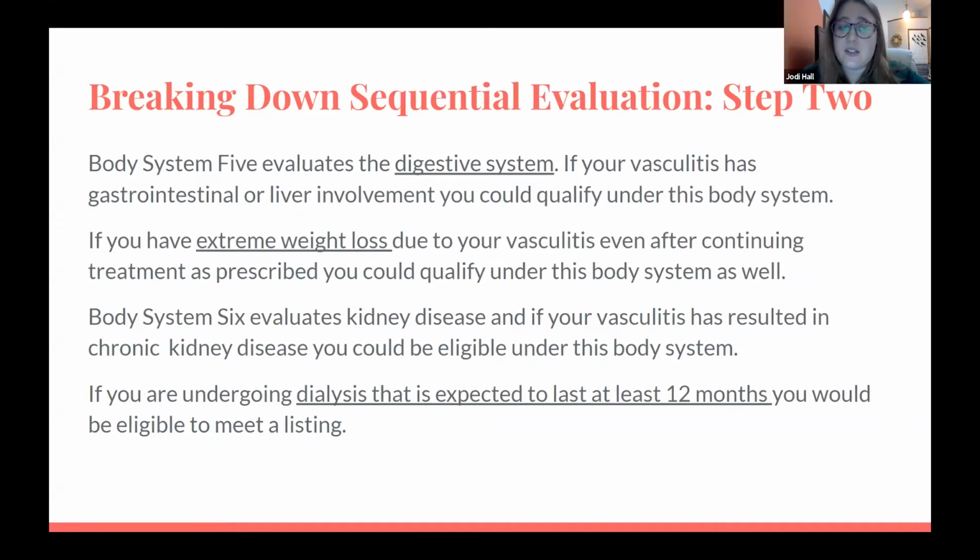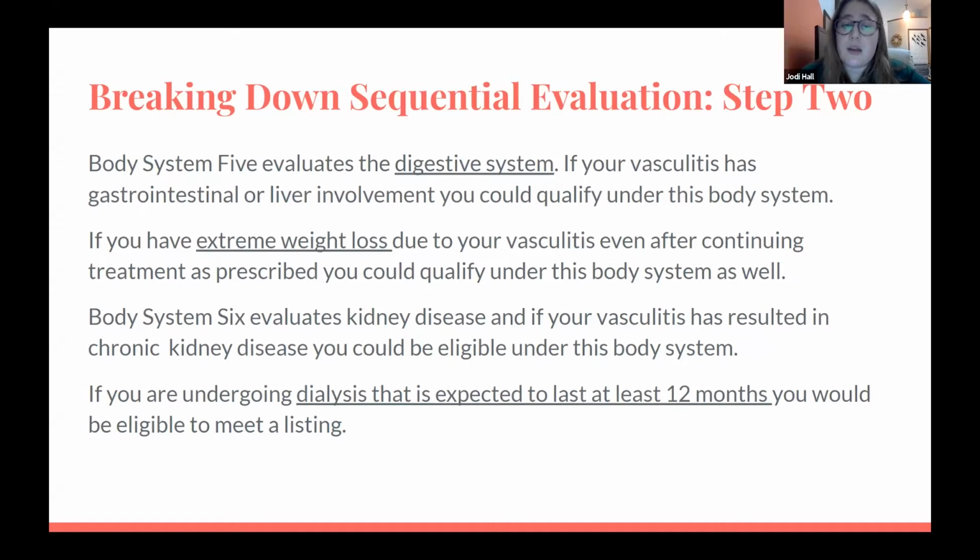And then the digestive system. If you've had extreme weight loss due to your vasculitis or due to a medication, and the side effects of the medication you've been prescribed are affecting your life and your ability to maintain your weight, if you have a BMI under 18.5, you could be eligible in this body system.